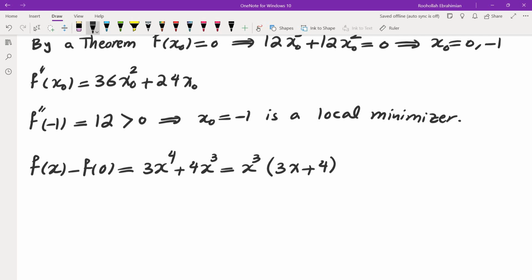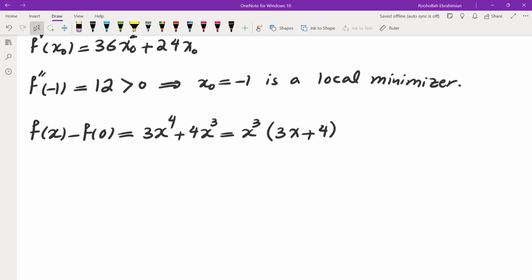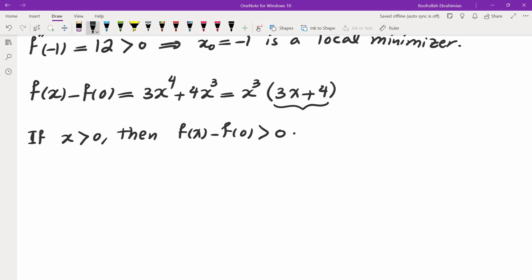Now, when x is positive, this whole thing is positive. If x is positive, then f of x minus f of 0 is also positive. And when x is negative, close to 0, if x is between negative 4/3 and 0, then 3x plus 4 is positive because x is more than negative 4/3.